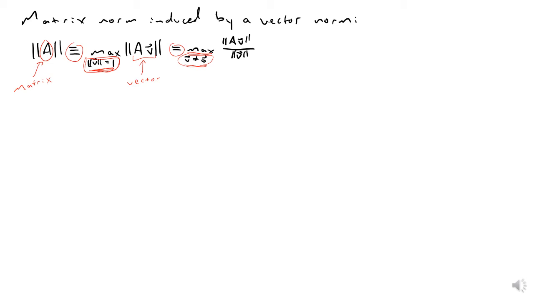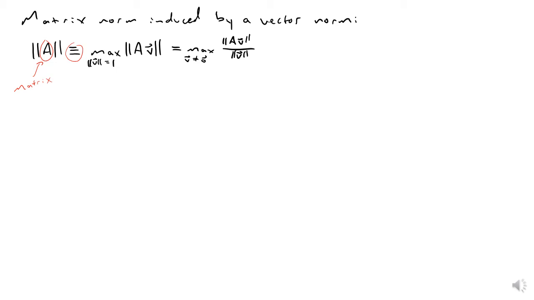Fortunately, in your book, theorems 741, 742, and 743 give us nice shortcuts on finding this matrix norm under certain conditions. All of this depends on which type of vector norm we decide to use.